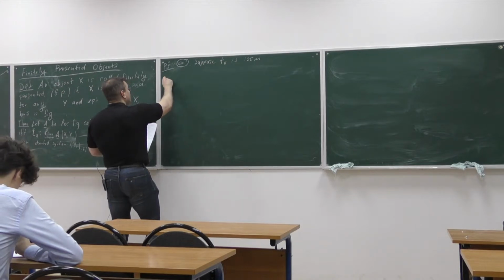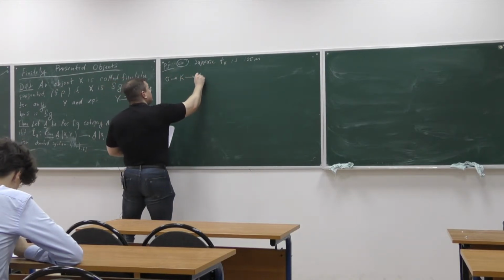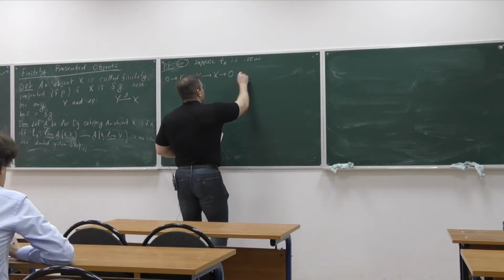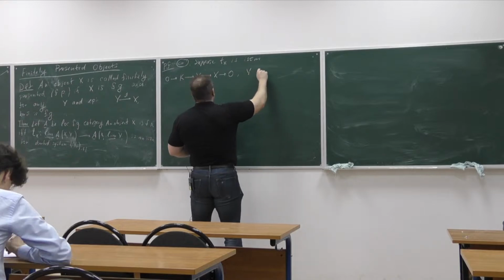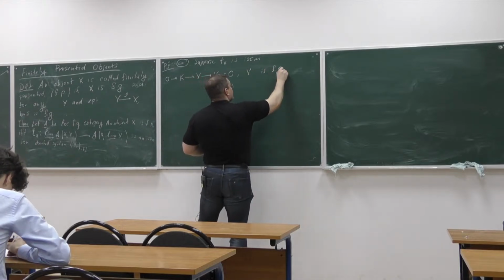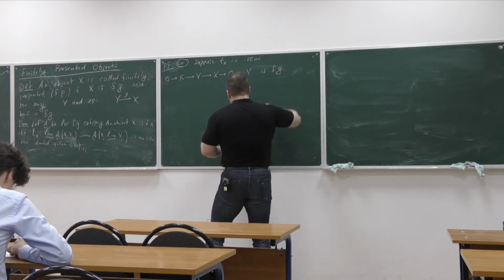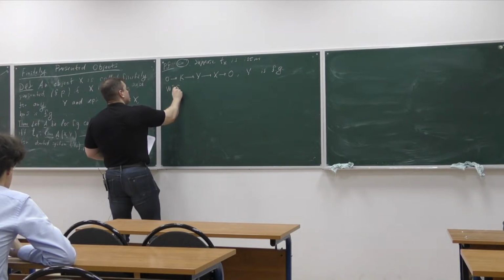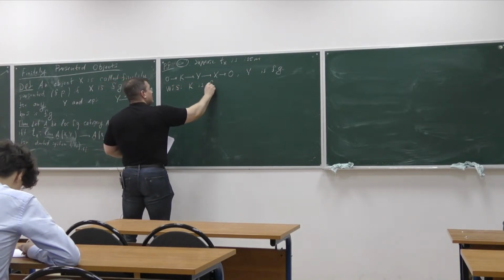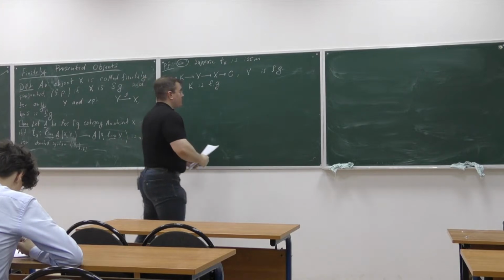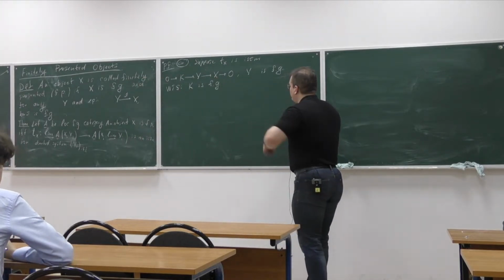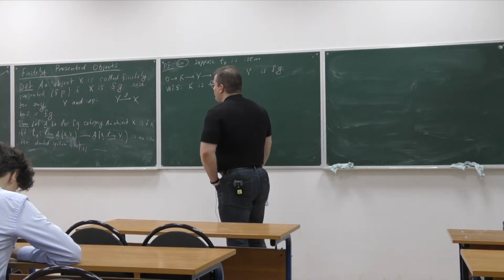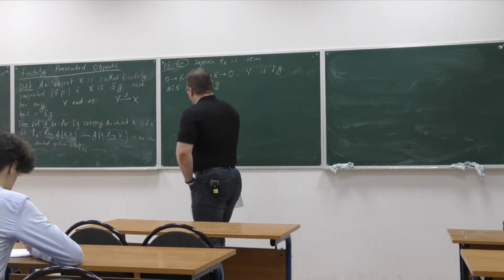So let's consider a short exact sequence where Y is finitely generated. What we want to show in this proof is that K is finitely generated. So just choose any finitely generated Y, any epimorphism, denote K the kernel. We want to show that the kernel is finitely generated, so more or less check the definition.